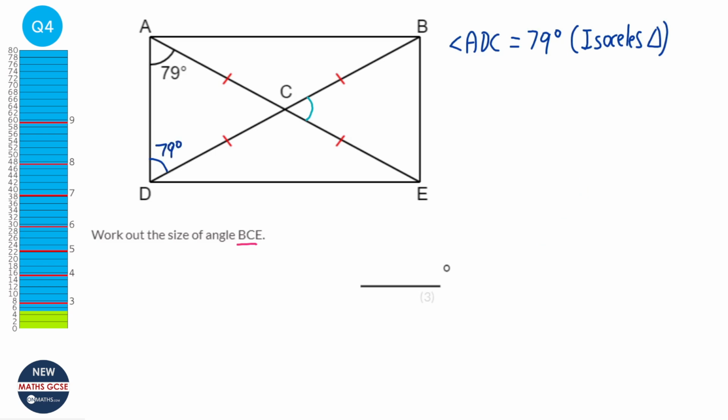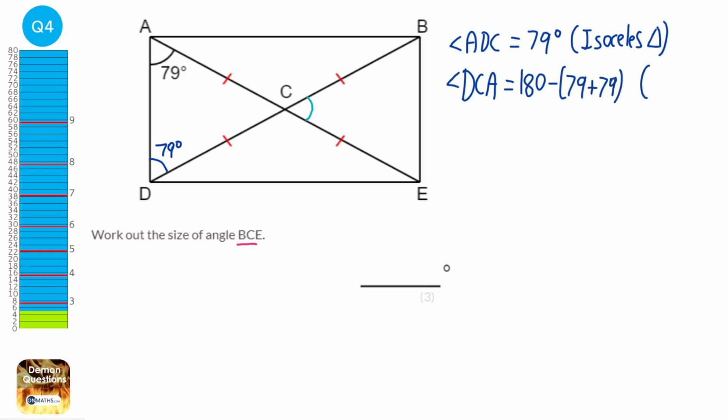Now we've got 2 of the 3 angles in the triangle, and the last one is going to be angle DCA. And to work out what this angle is, we're going to take it away from 180. So we're going to do 180, take away the 2 79s we've just worked out. And the reason for that is angles in a triangle equal 180 degrees.